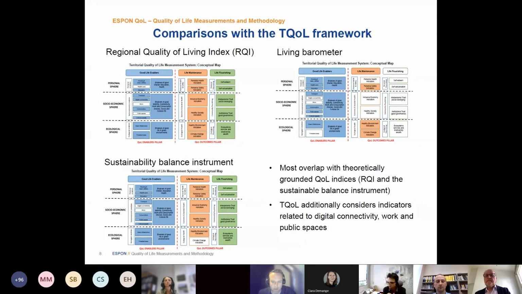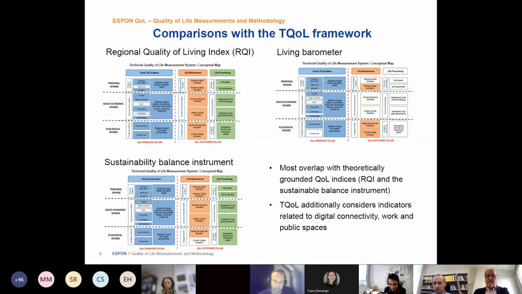Some dimensions, digital connectivity and factors related to work and public spaces, were not included in these previous indices, and they are included in the territorial quality of life framework. But the general takeaway is that the framework is quite strongly theoretically grounded.